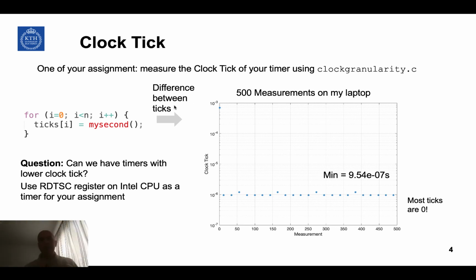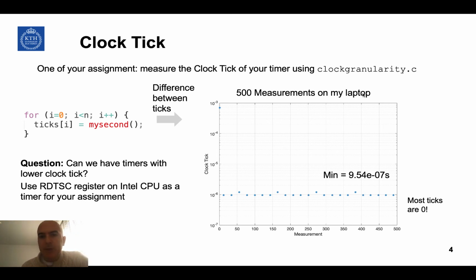If the ticks have the same value, the difference will be 0. But if the ticks are different, then we'll have a finite value, and it's plotted here. So we can plot it, and also calculate the minimum difference between different ticks.